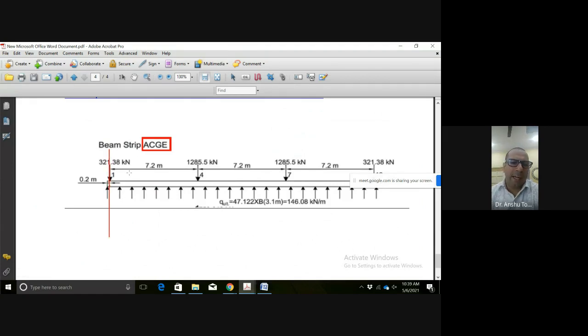I have drawn a straight line. I want shear force at this particular value. On this line, the shear force on the left hand side of the arrow, what is going to be the shear force value? Tell me, brother.